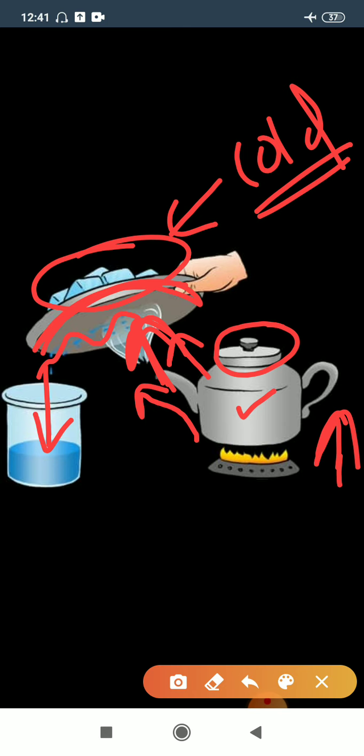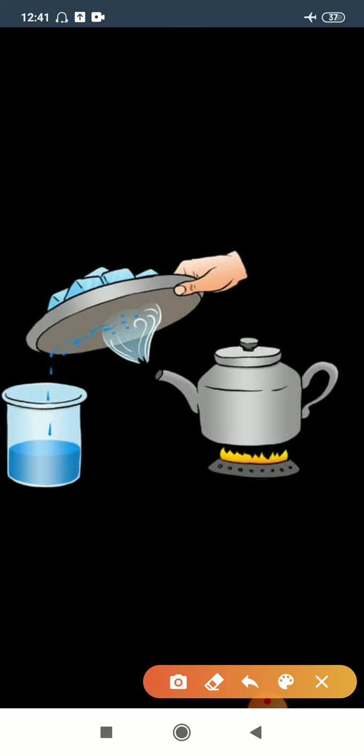This type of evaporation and condensation you studied in 5th standard. Okay, because at the time of rain, the evaporation of sea water is done by the temperature of the sun.